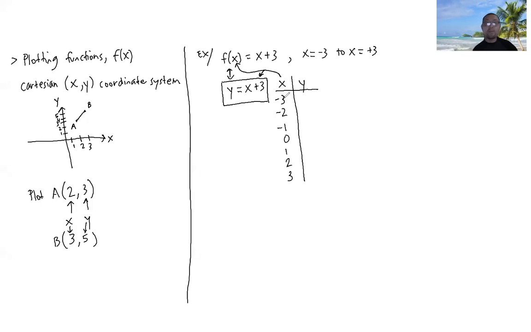When you plug in -3 for x, -3 plus 3, y is going to be 0. When you plug in -2, -2 plus 3 is going to be 1. -1 plus 3 is going to be 2. 0 plus 3 is going to be 3. 1 plus 3 is going to be 4. 2 plus 3 is going to be 5. And 3 plus 3 is going to be 6.